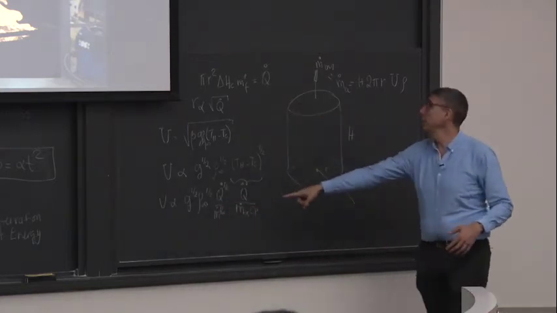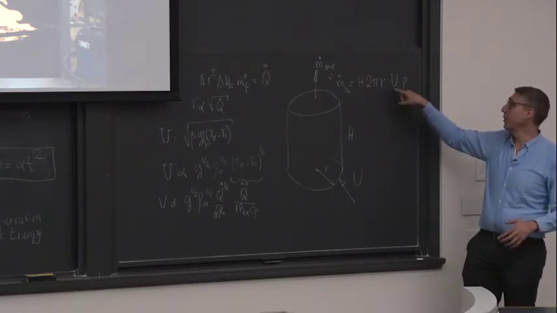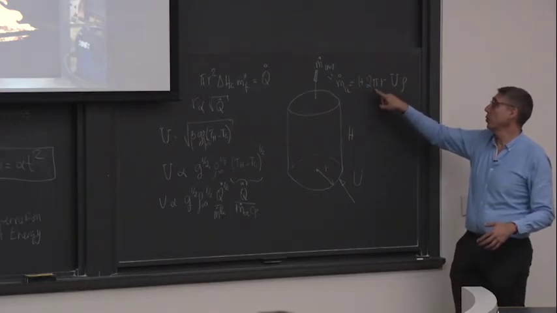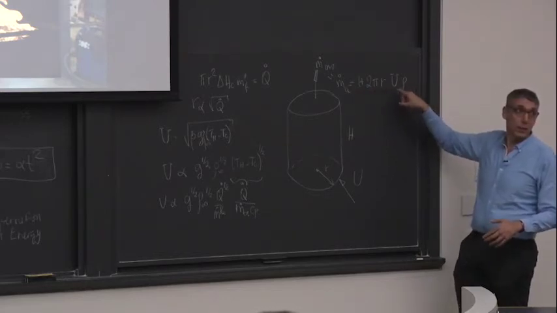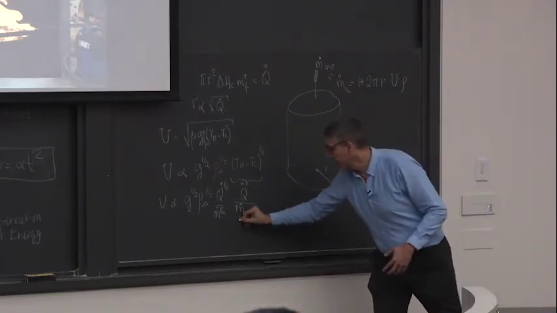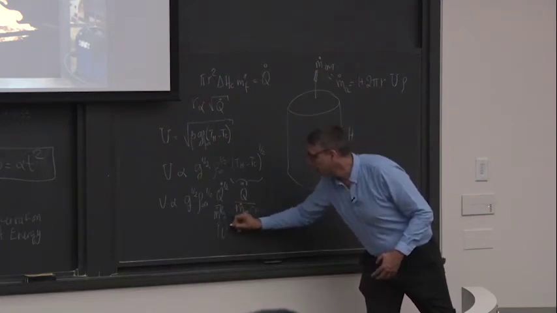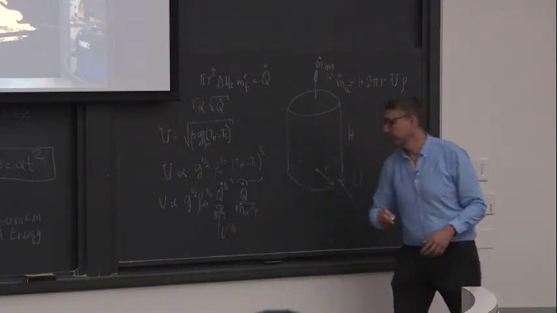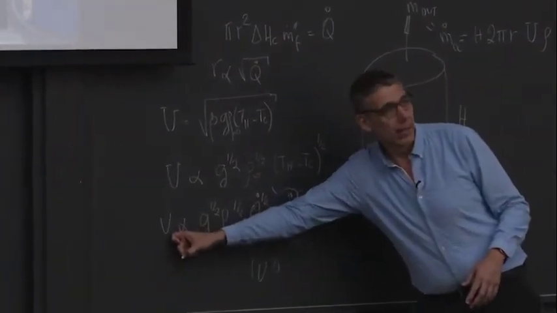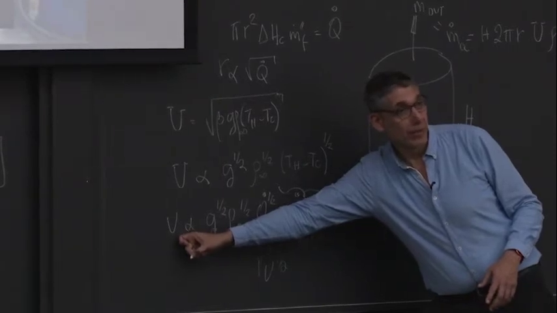Now then I substitute the mA back by this, so it gives me another u that comes in here. Constant, constant, constant. So it is u to the 1/2. So I can get rid of this mA and turn it into u to the 1/2. I multiply it to the other side, and I get u. 1/2 plus 1 is 3/2.